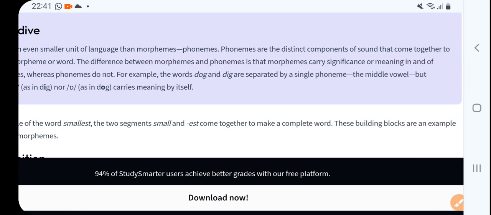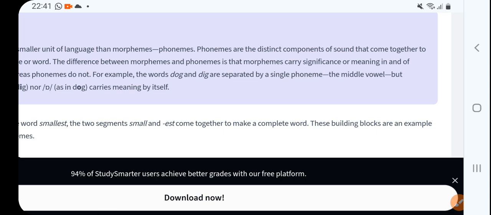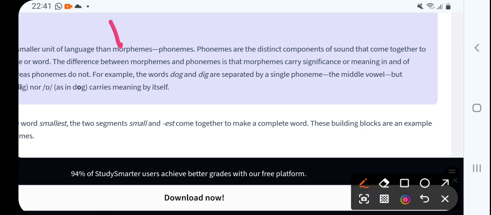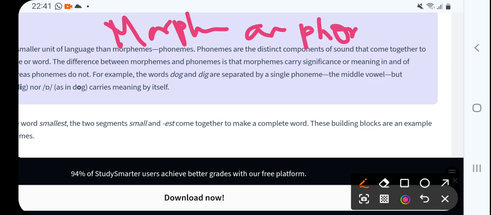In other words, morphemes are made up of phonemes. When phonemes join, a morpheme is made.